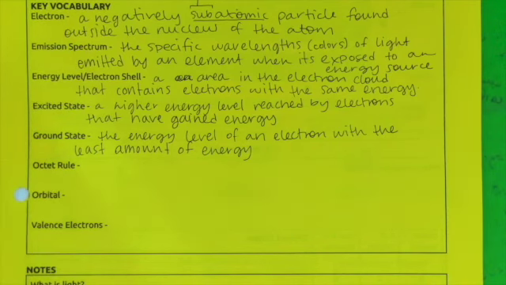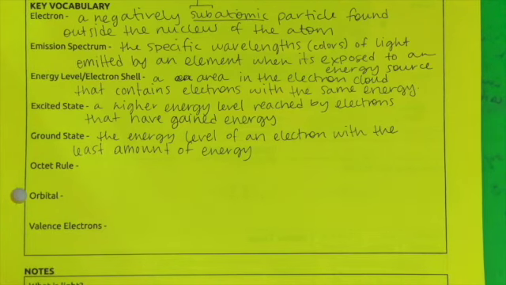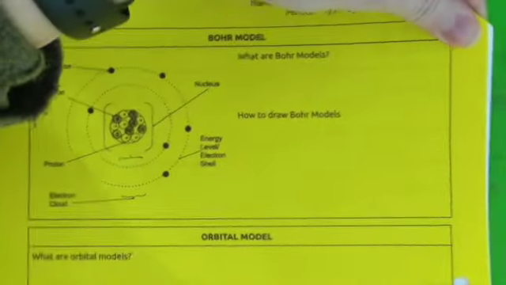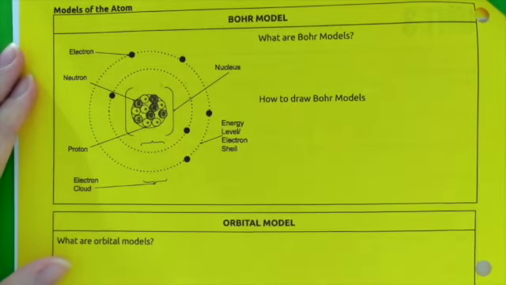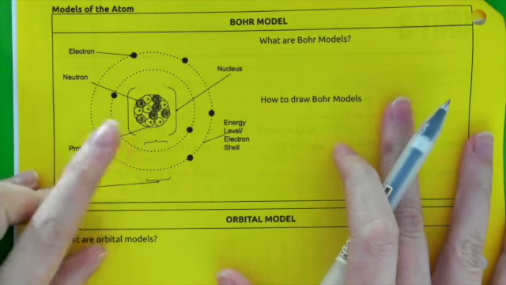All right, so we're going to move on and talk about one last thing this class period, and that is we're going to learn how to draw a model of the atom. We're going to learn how to draw the Bohr model. So everyone turn to page 2. Hopefully all of our definitions are done. Right here we see the Bohr model. Now this diagram should look familiar. We have seen this one before.